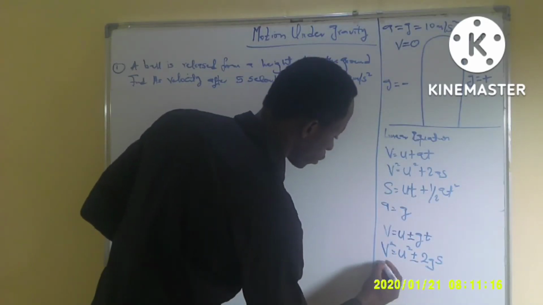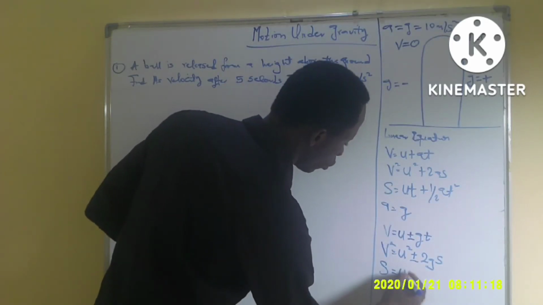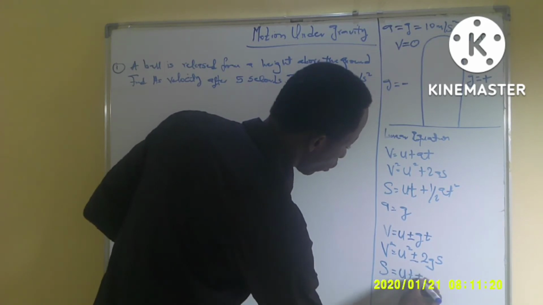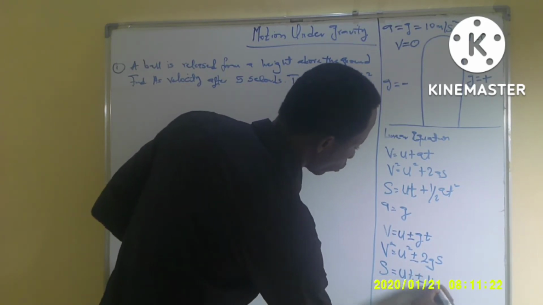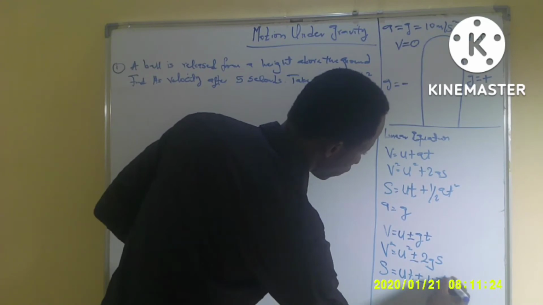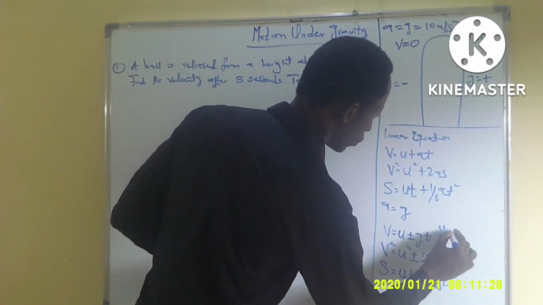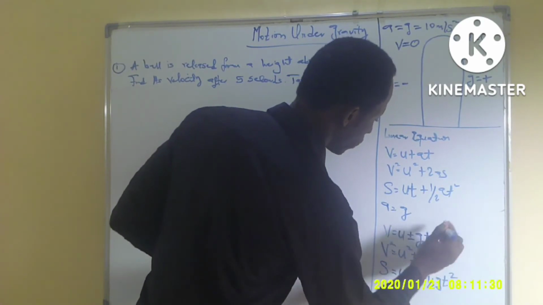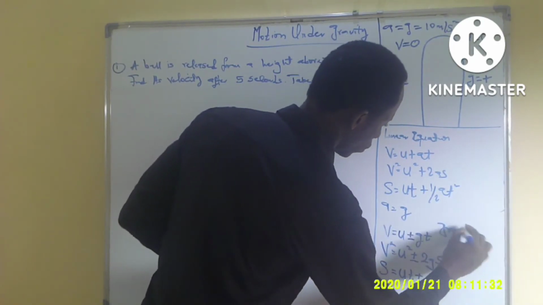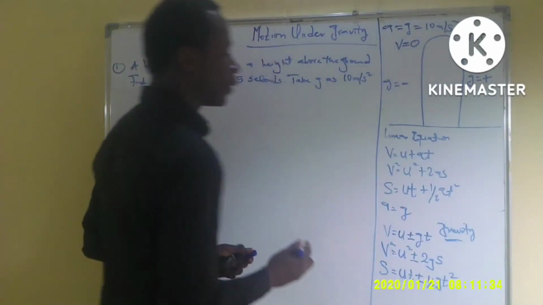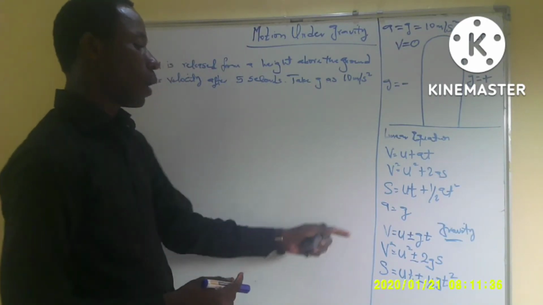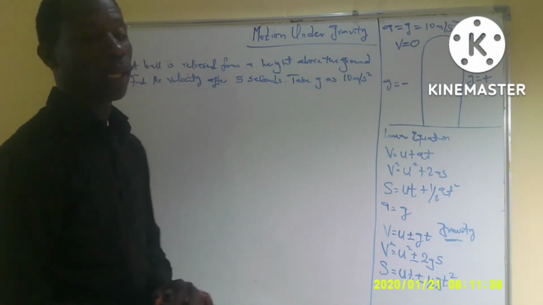Then equation 3 is represented as s equals ut plus or minus 1 over 2 gt squared. So this is the equation under gravity. When gravity is involved, this is how you represent your equation. I hope it is clear.